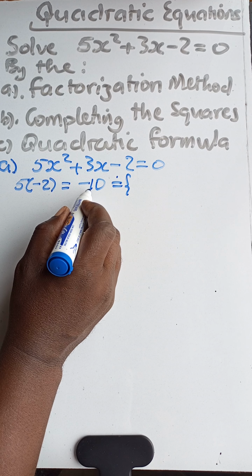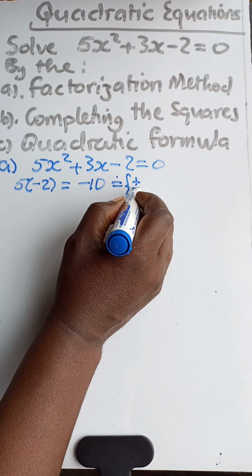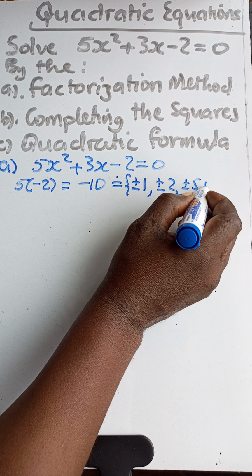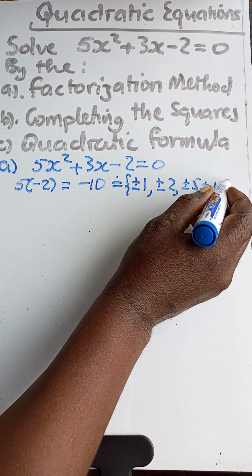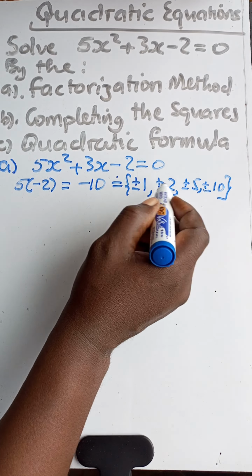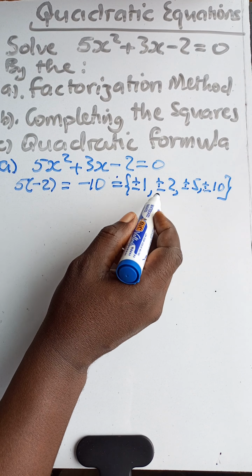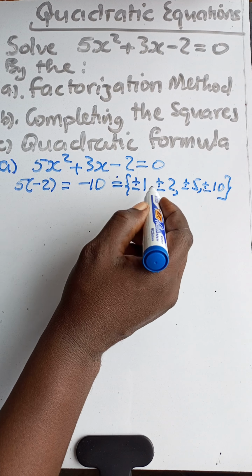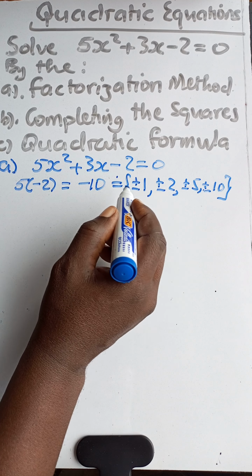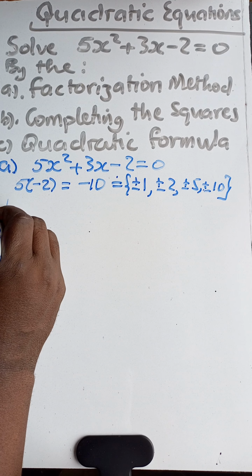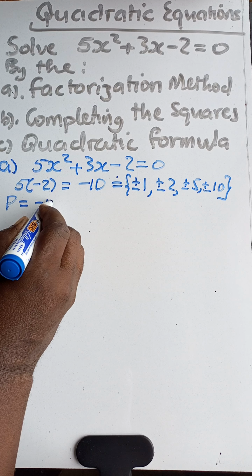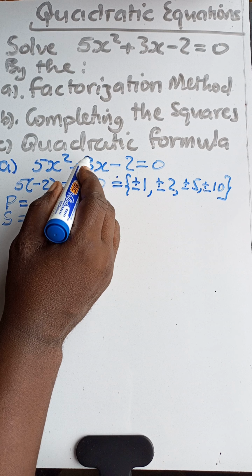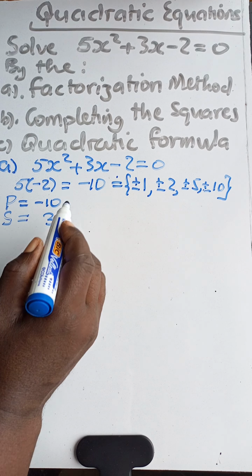So we're going to look into the factors of negative 10. We first of all list out the factors of negative 10. So we can have plus minus 1, plus minus 2, plus minus 5, plus minus 10. These are the possible factors of negative 10. Now, in this set, we are going to choose two elements such that their product is negative 10 and their sum is positive 3, the coefficient of the x term.